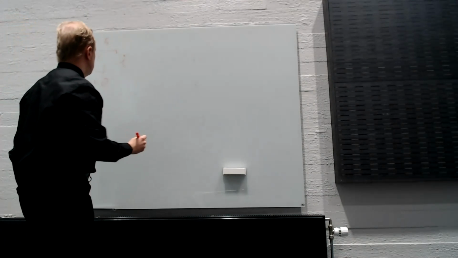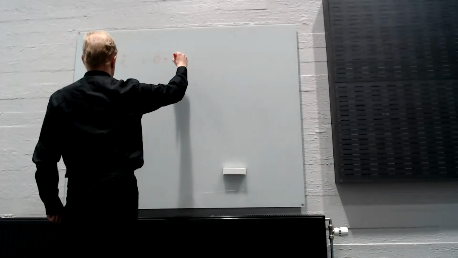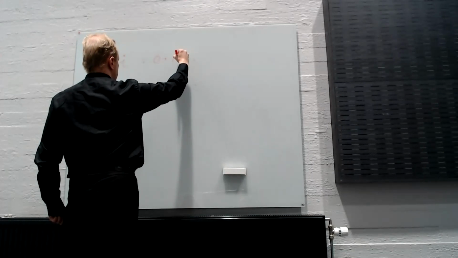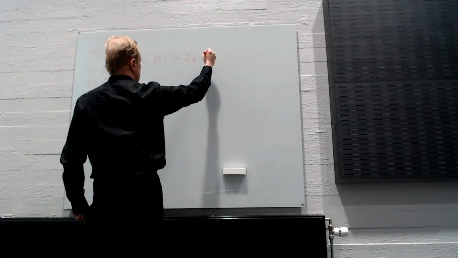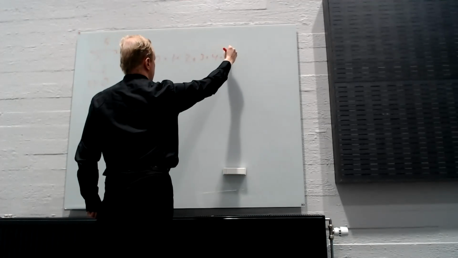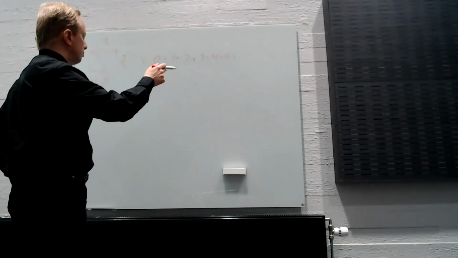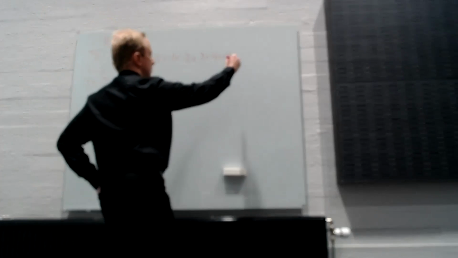So we get 0 plus 1 plus 2 plus 3 plus 4 plus 5, which is 15.